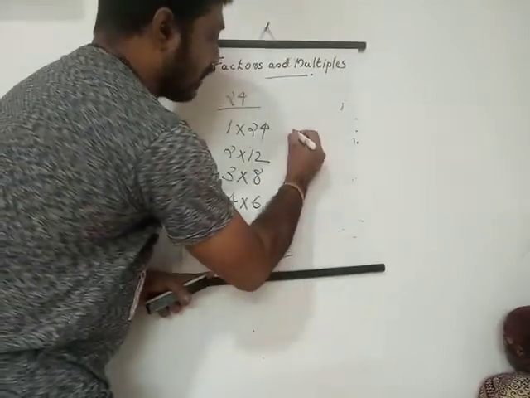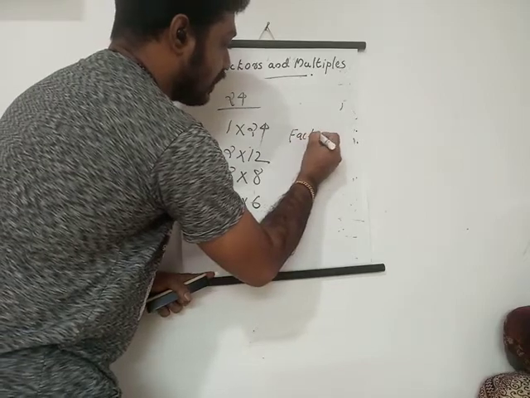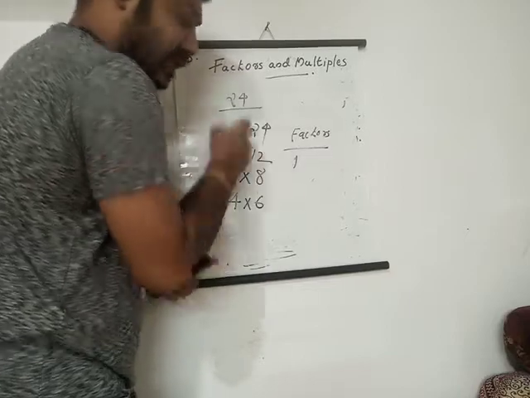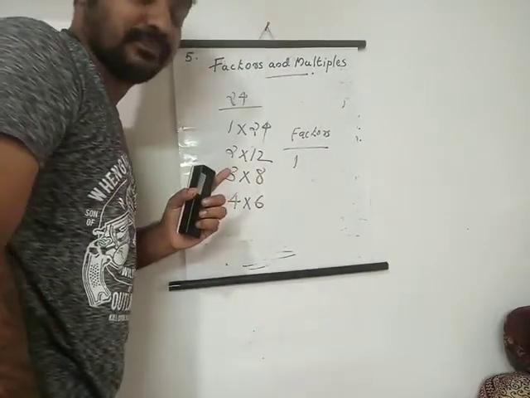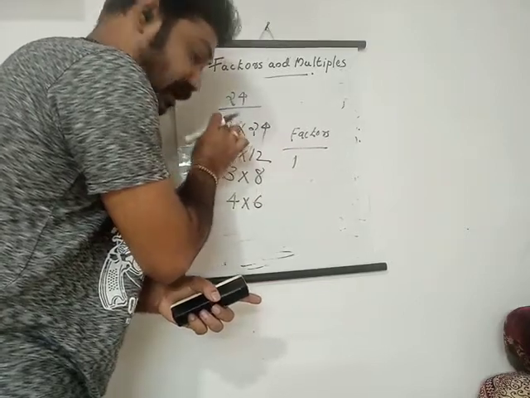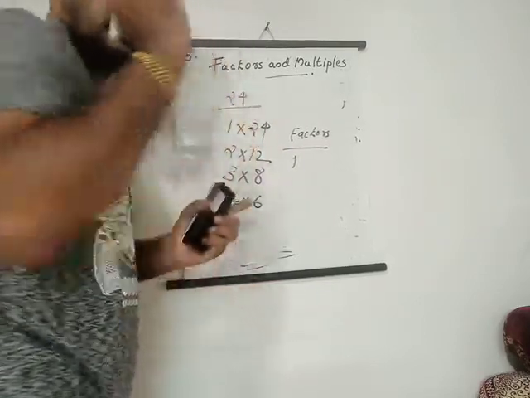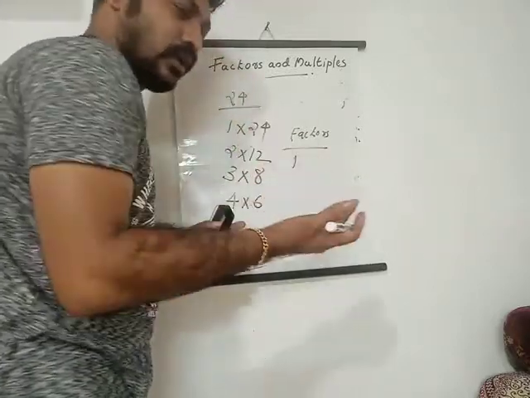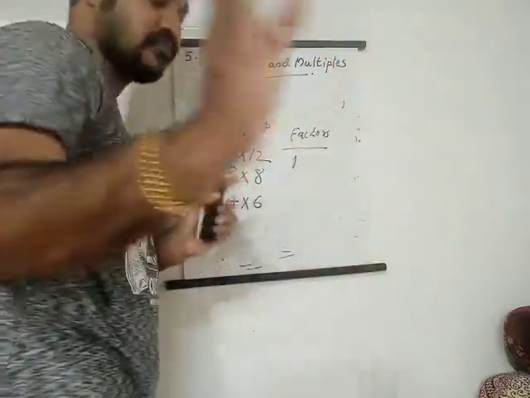Okay, and what are the factors we can write? Factors of 24 are 1, and 1 is always a factor of a number. All numbers have the factors: the number itself and 1. Understand? So 1 and 24 you have to write. If you are not writing 1, also no problem, because 1 is always a factor of any number.